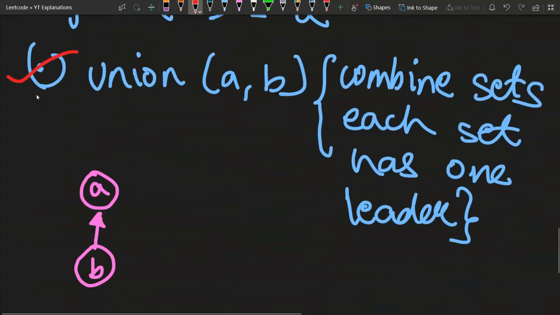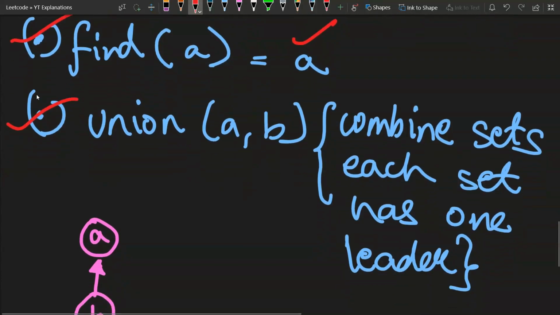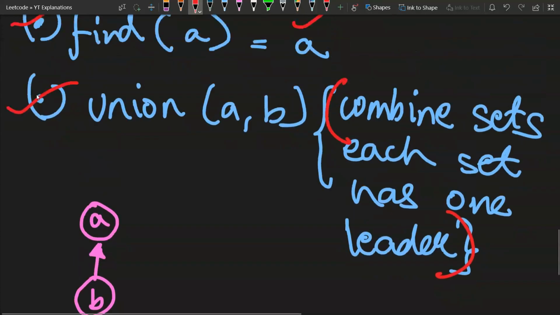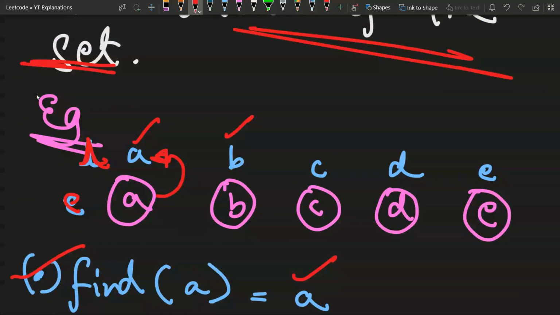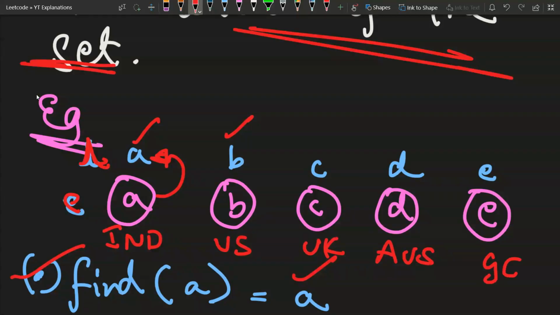Now coming to union. If we do union of A comma B, the whole point is that we have to combine the sets so that each set has only one leader. Let me explain with an analogy. Suppose A is India, B is US, C is UK, then Australia, Germany. Suppose each set is a country.